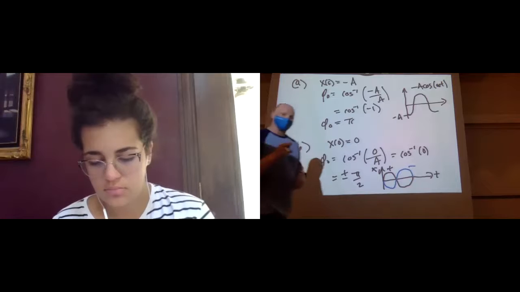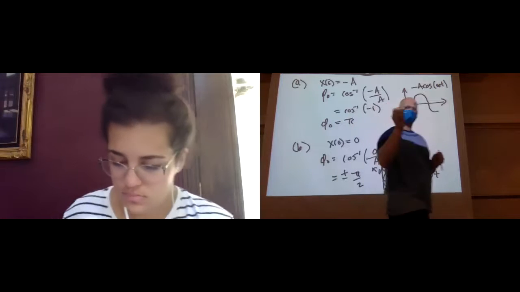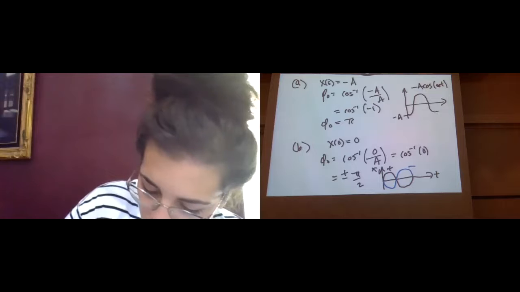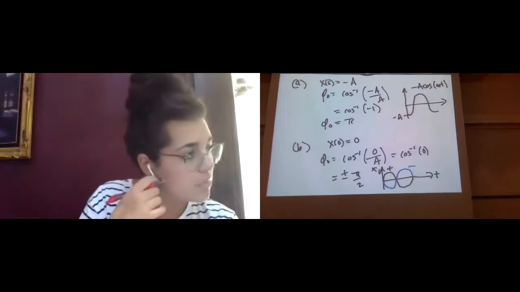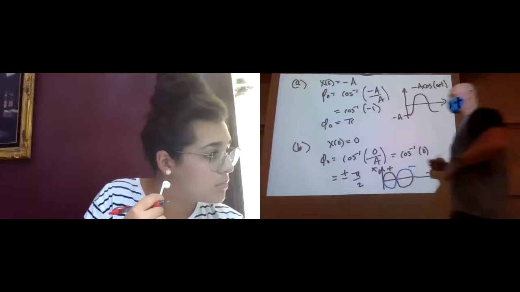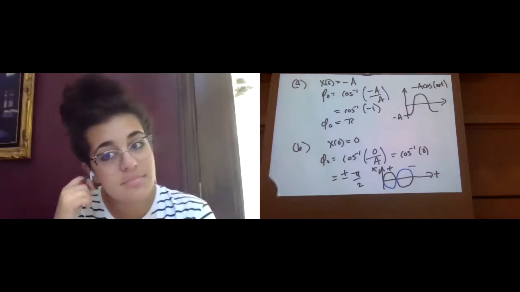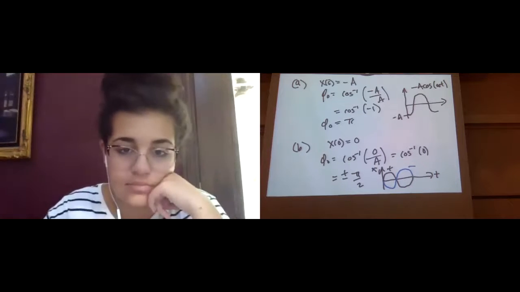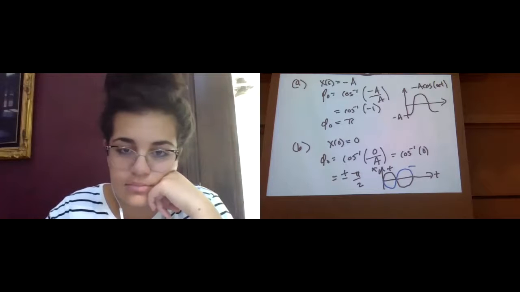So the point of all this is that just because I know where it is at time equal to 0 is not enough information to fully specify what this thing is actually doing. To fully specify what my harmonic oscillator is doing as a function of time, I have to know 2 pieces of information. I have to know where it is at time equal to 0, and I need to know how fast it is going at time equal to 0.